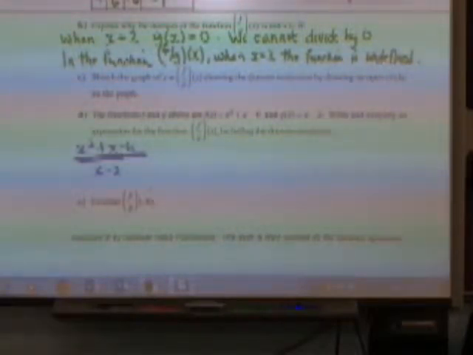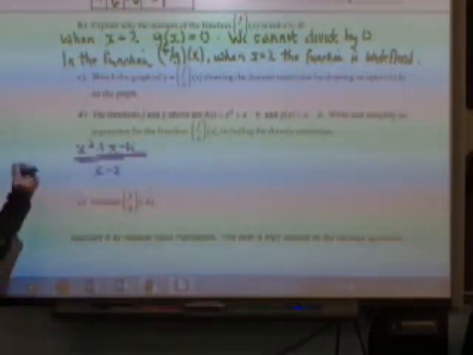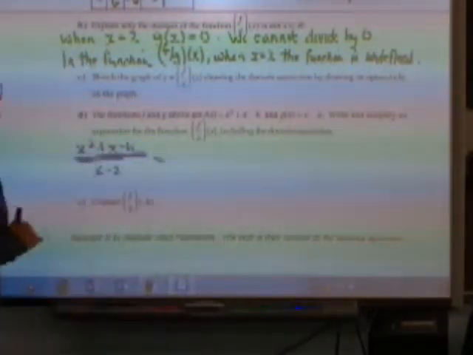How would I simplify this? So what could I cross out? Could you cross out the square? I can't cross out terms. I can only cross out common factors. So x minus 2 is a common factor. I need to factor the top. So when I factor the top, what do I get?